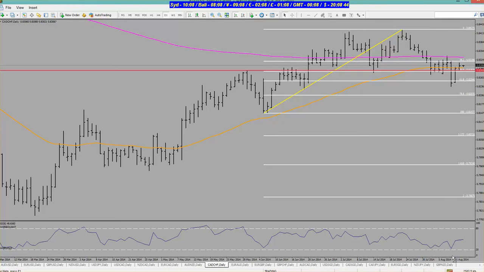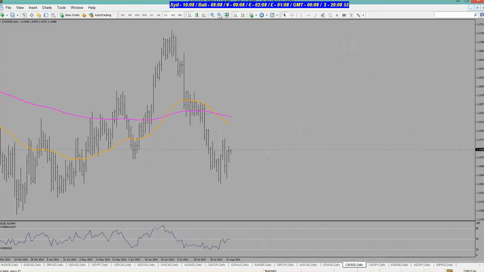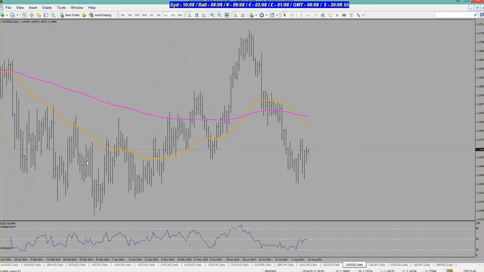CAD Sing. This is a bit trickier. It's quite messy. This would be more of a phase 2 trade, I would suggest. You're getting the divergence.